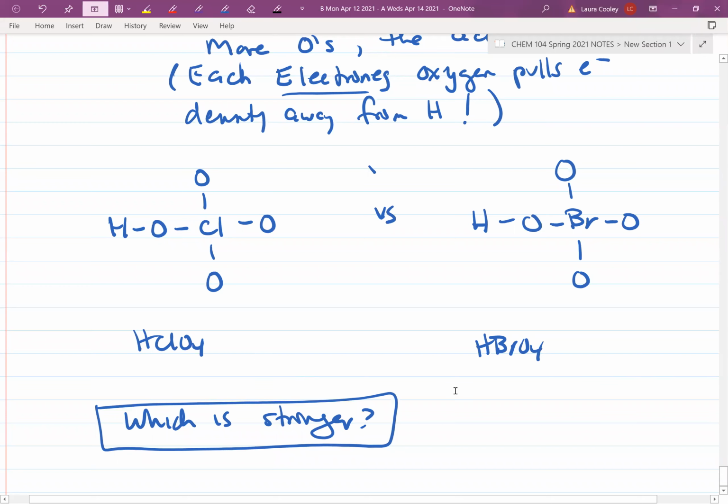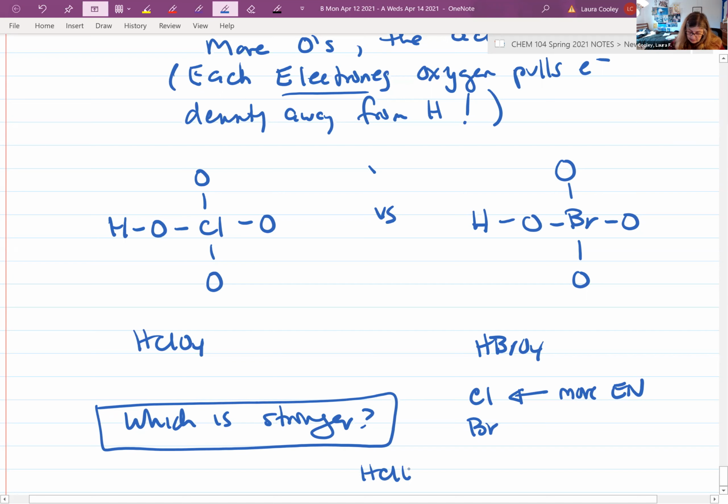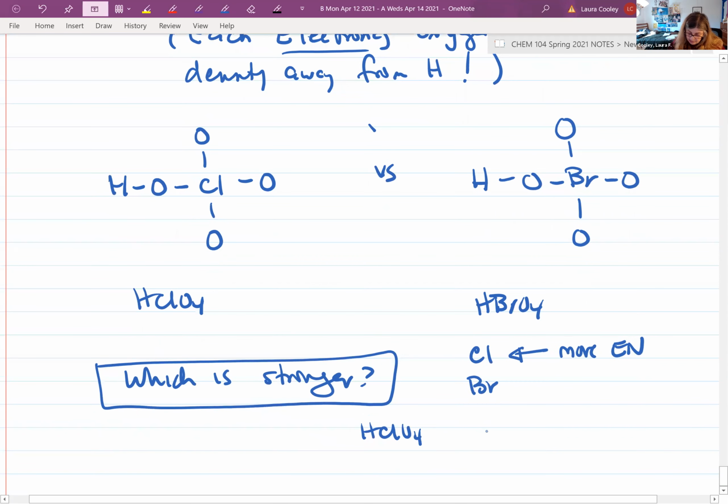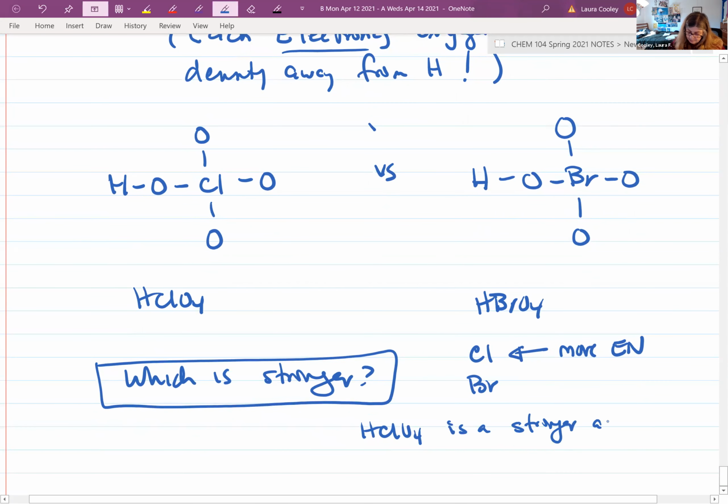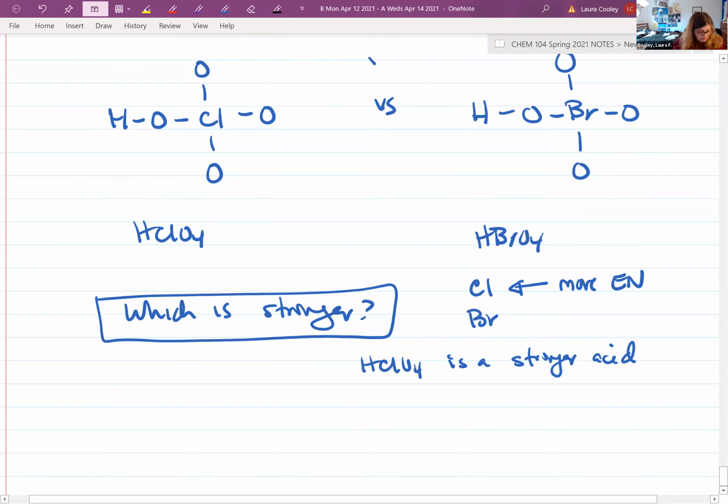The Y. Yeah, the only difference is the Y. And which is more electronegative, chlorine or bromine? Remember, electronegativity increases as you go to the upper right corner of the periodic table. So this is more electronegative. You can always look on the chart. And so that makes HClO4 a stronger acid. In fact, it's one of the 6 strong acids. HBrO4 is not listed among the 6 strong acids because it's not considered a strong acid.